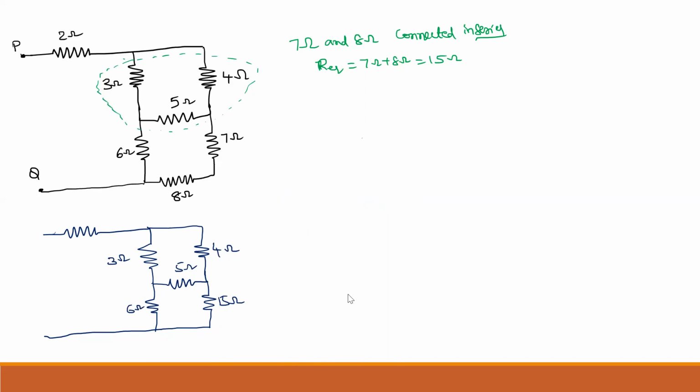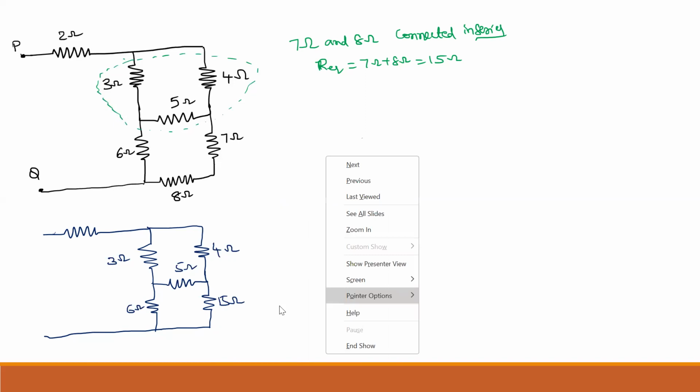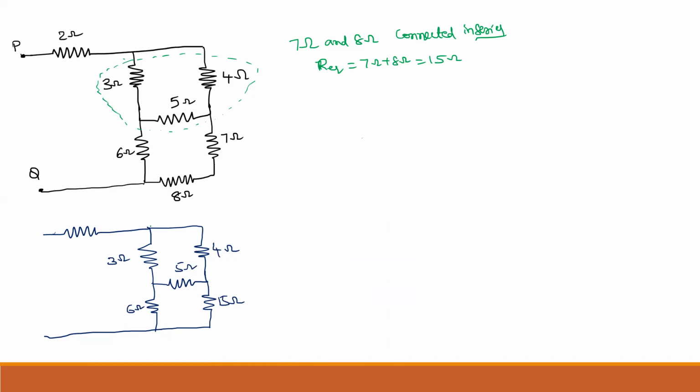Now once you have selected that, you can draw it first with the pencil. Between these two resistors, 3 and 4 ohm, this is a resistor. 3 and 5, and 4 and 5, one more. Let us take this as R1, R2, and this is R3.